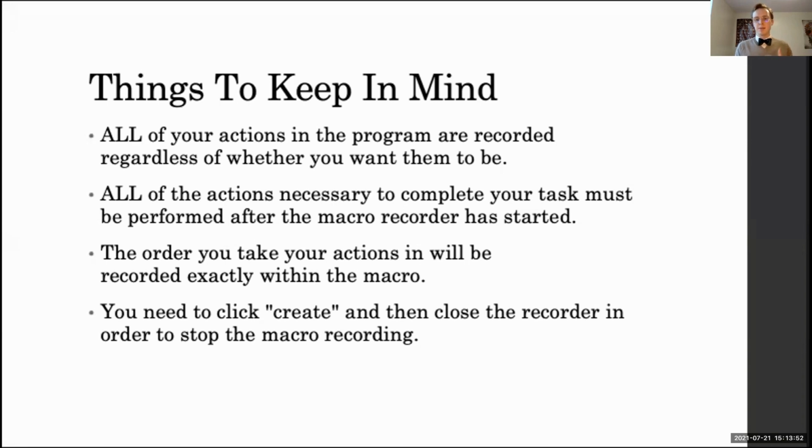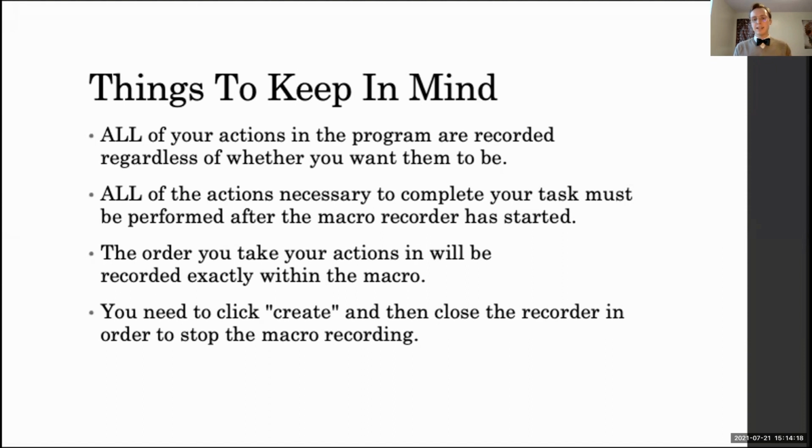A really common mistake might be that someone opens up the image, then they work on it a little bit and get it to a certain point, and then they start the macro. But now, not everything you did is in that macro, so it's not going to work the way you intend it to. The third thing to keep in mind is that the order of your actions is saved in the macro. So if you do something in the wrong order, it will be stuck that way.